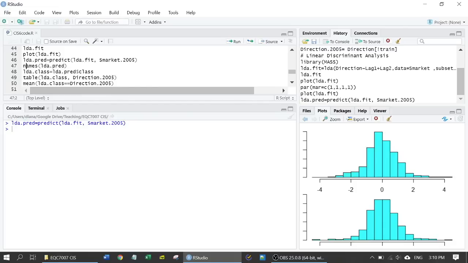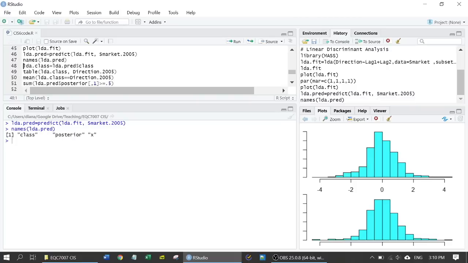Okay, so now the next thing is that I call all the names of the items that we have under LDA.pred, and basically in LDA.pred we have the class, we have the posterior information, and we have the value for the x. Okay, and we are particularly interested in looking at class because class will classify whether we predict it to be up or we predict it to be down.